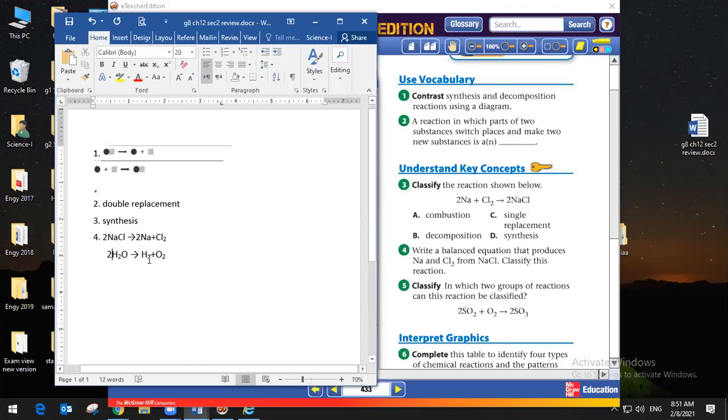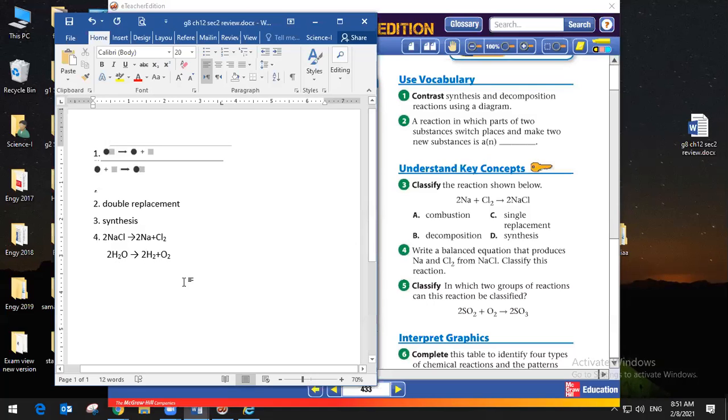We cannot change subscripts. Never ever do we change subscripts. We only balance by adding coefficients. So here we have 4 hydrogens, but here we just have 2 hydrogens. So we are just going to put 2 here. So like this we have 4. Okay, so here 4 hydrogen, 4 hydrogen. Here we have 2 oxygen, and here 2 oxygen. So it's balanced.